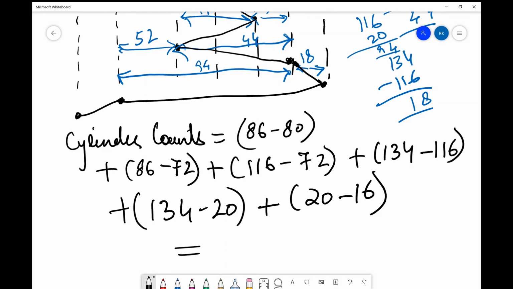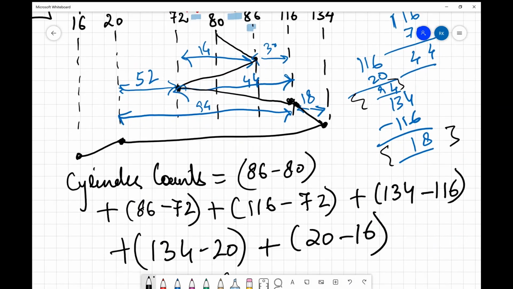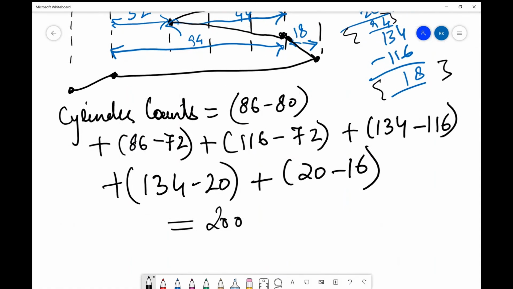So once you sum this up, this entire thing comes equal to 200. So we had just computed the stepwise, the elementary differences over here above. So you can just add them up and you'll get 200 over here.